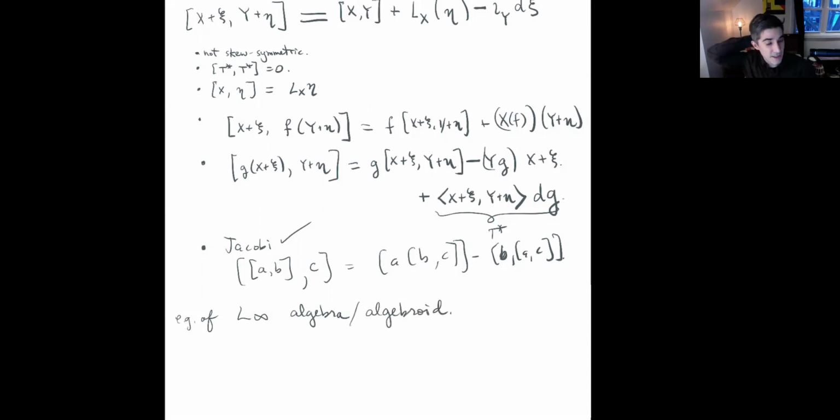Sometimes they call it a Lie algebra up to homotopy. The reason is that all of the laws that you wish that it satisfied, it actually satisfies if you throw away exact terms. So this dg term, we could throw that away and we would be in a better situation.